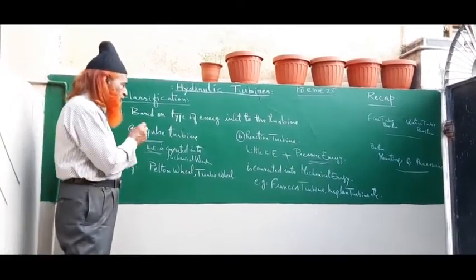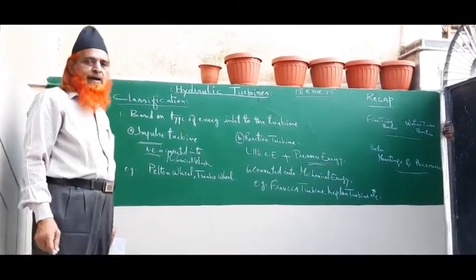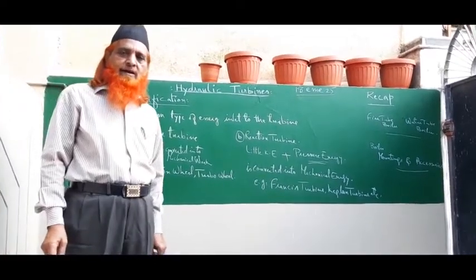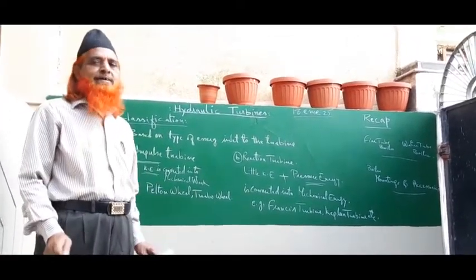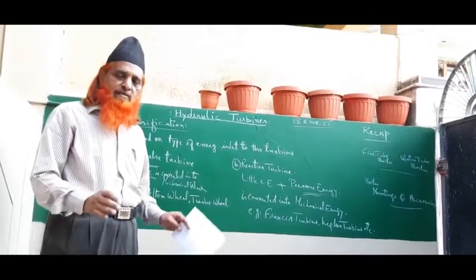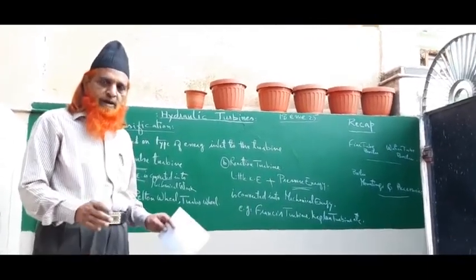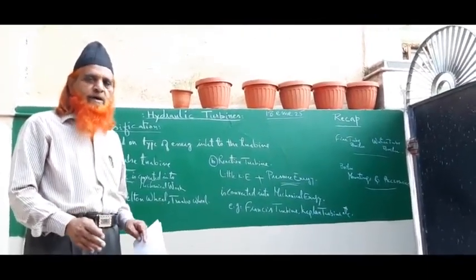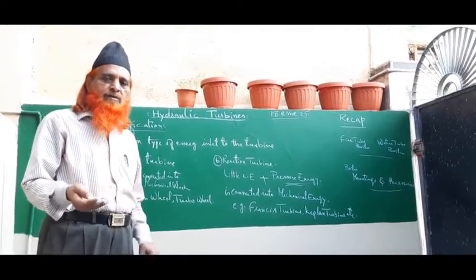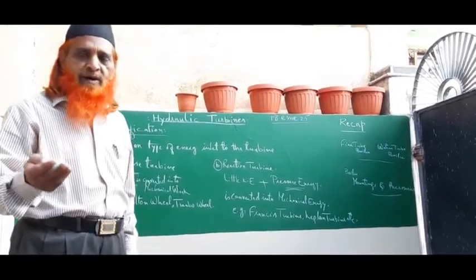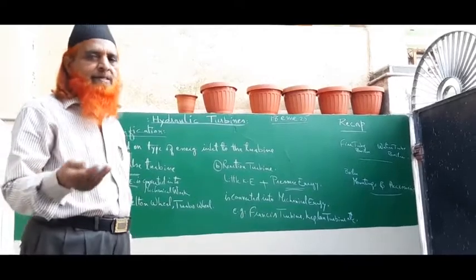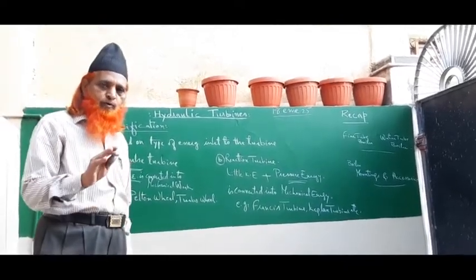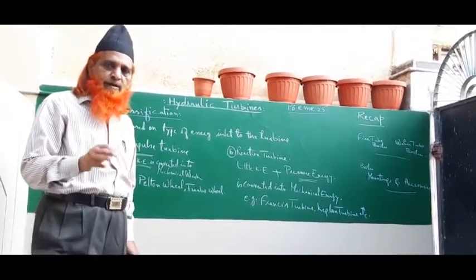Okay. Now, impulse turbine, where the energy at the inlet of the turbine is purely kinetic energy, and that can be obtained by passing this water through a nozzle and using a jet of water which is impinging over the blades of the turbine. Then the power, or mechanical work, is produced.